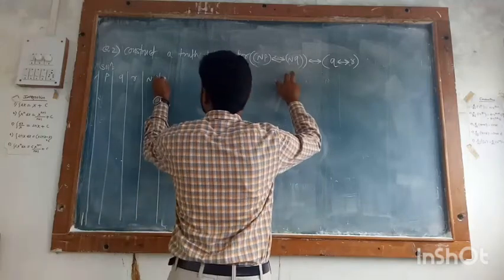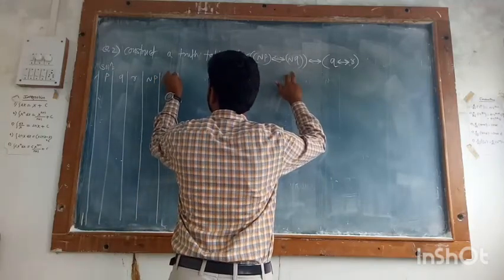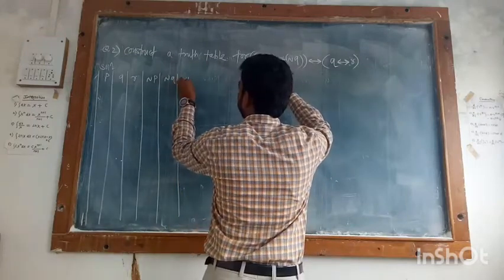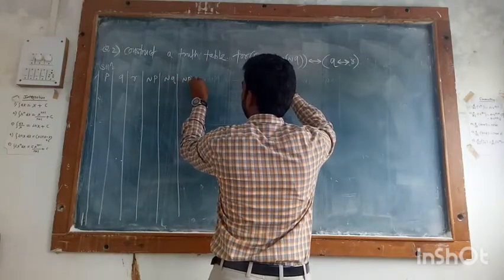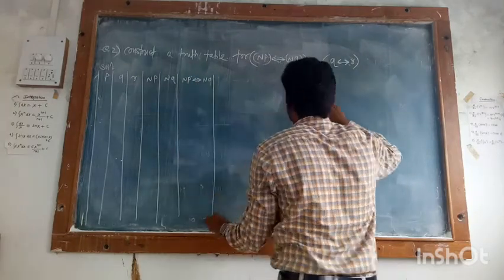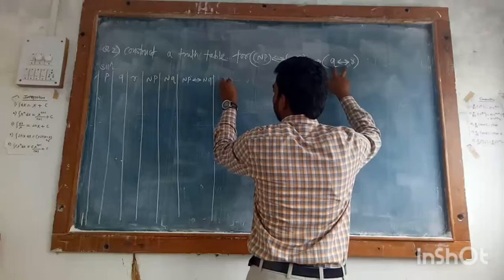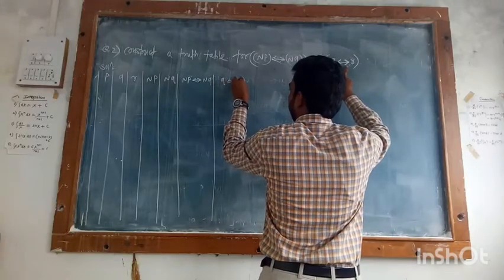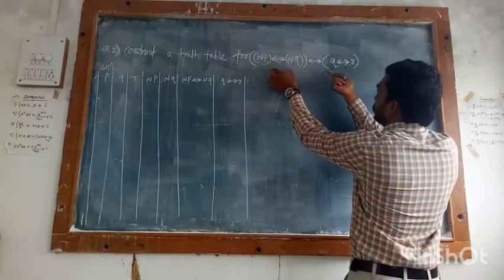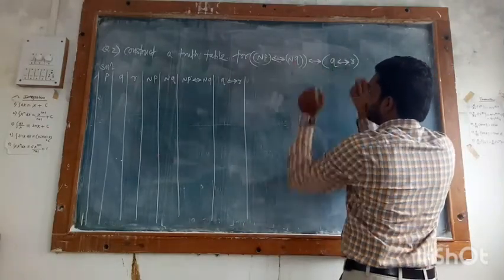Next column for negation Q also, right? Next column for negation P, if and only if negation Q, right? Next column for Q if and only if R, and your last column, we have to take if and only if of those two statements.